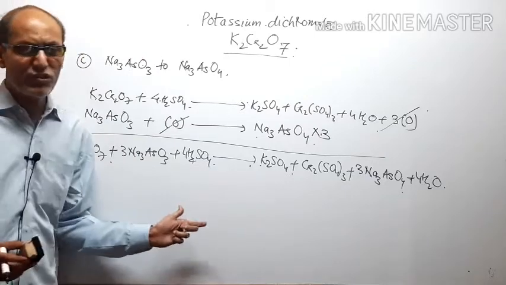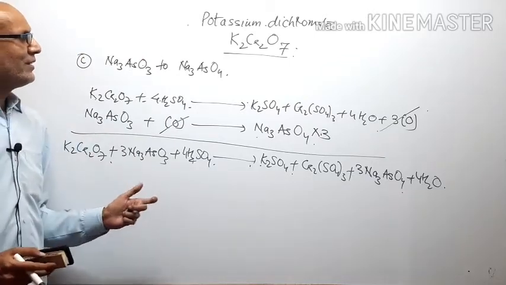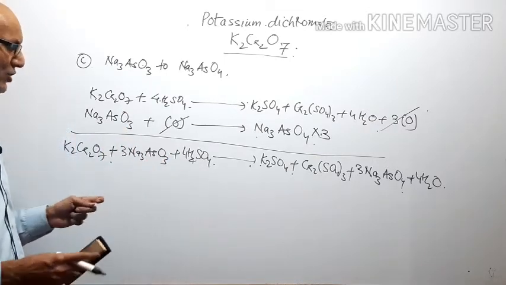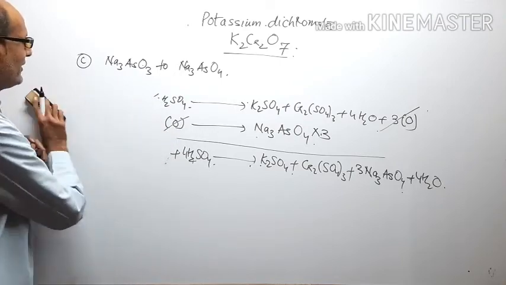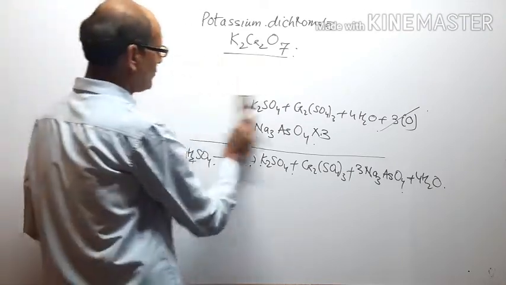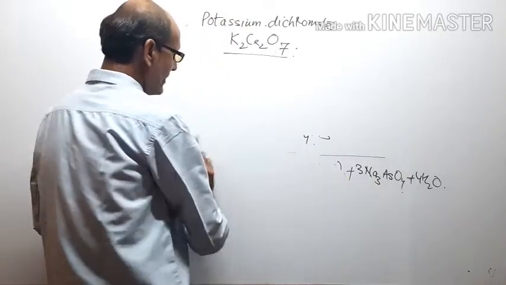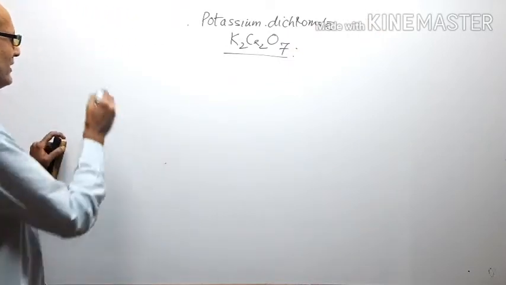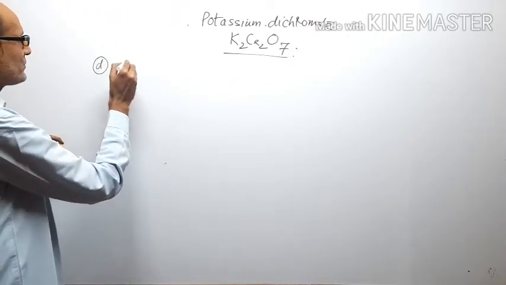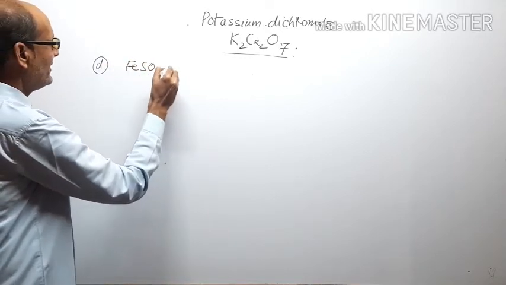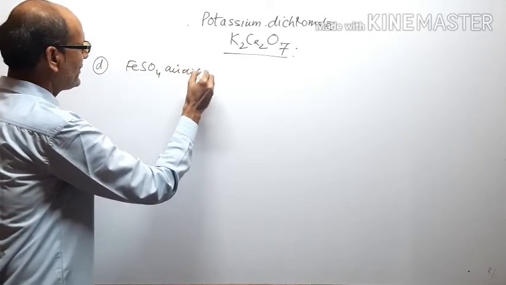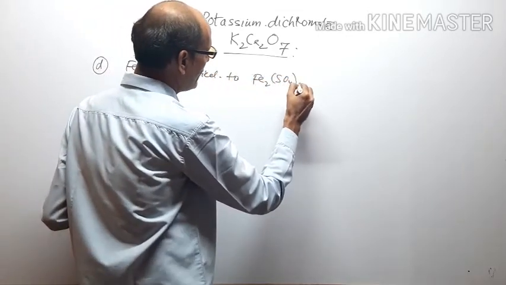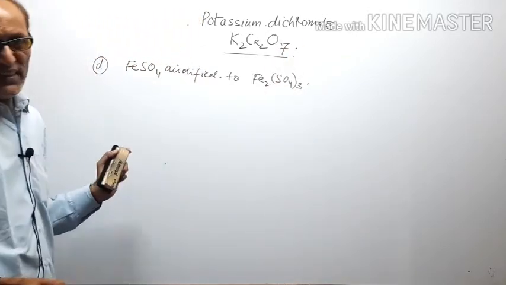One more most important reaction: when we want to oxidize acidified ferrous sulfate. If we take ferrous sulfate, it will convert to ferric sulfate. That means if we add acidified potassium dichromate to ferrous sulfate solution, FeSO4 will be converted into Fe2(SO4)3, ferric sulfate.